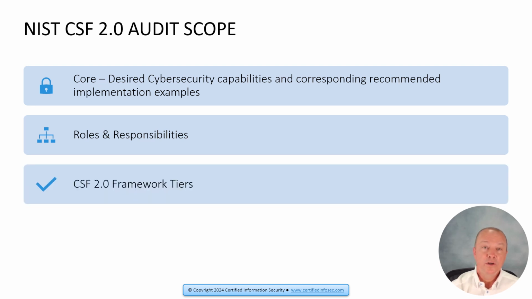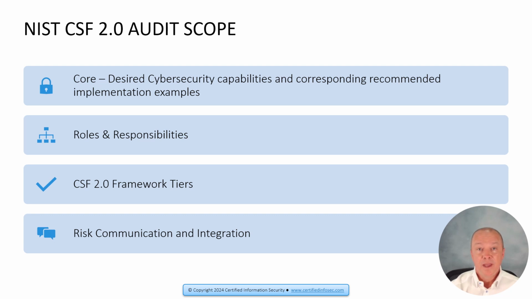We'll then move on to auditing the organization's application of its cybersecurity program to properly manage cybersecurity risk throughout the organization. And of course, this means we need to also assess how auditing of cybersecurity risk relates to auditing of integration of cybersecurity risk management in the organization's overall enterprise risk management approach.